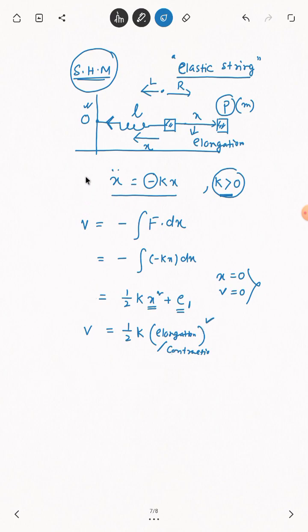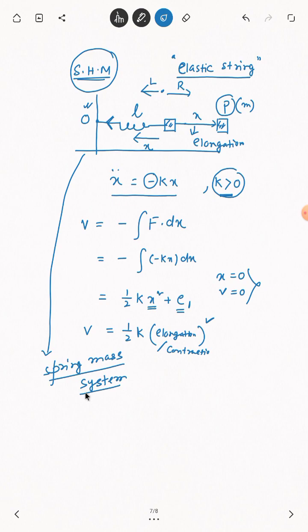So this is called the spring mass system. This is important. So whenever we see a spring mass system, its potential energy will always be half kx square type.